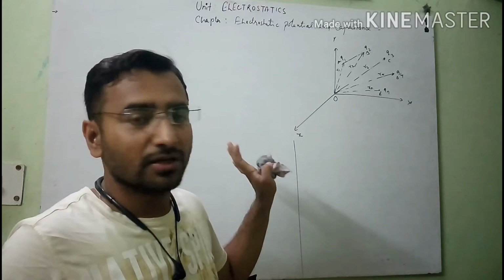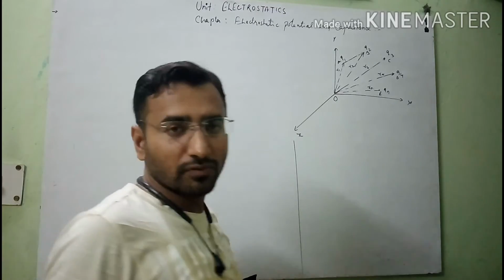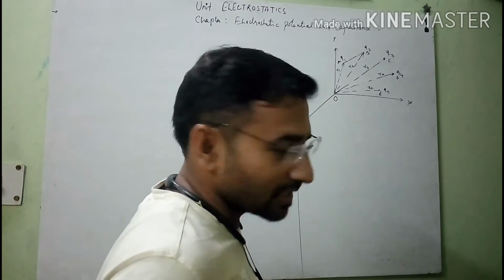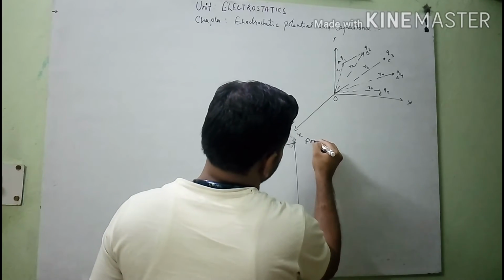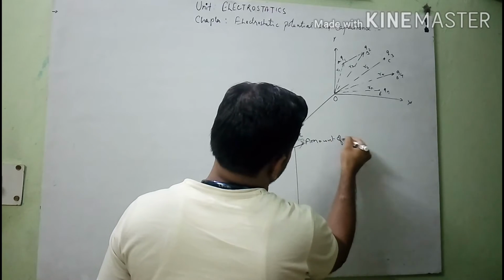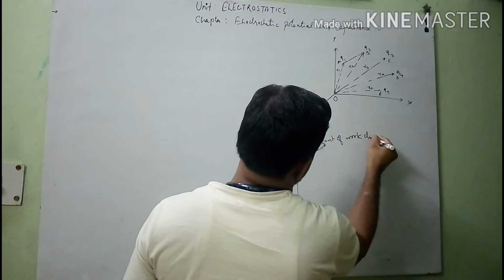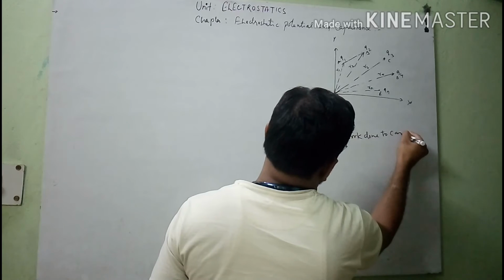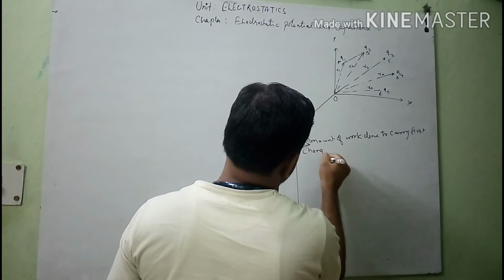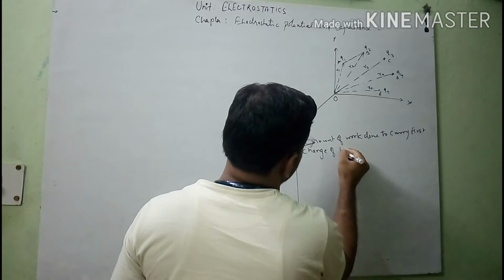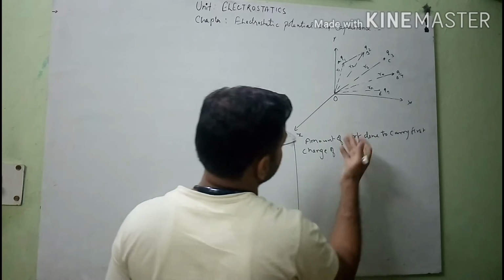Again we consider all the charges to be at infinity. So when we carry the first charge, the amount of work done will be 0. So I will start my calculation. Here I will write the amount of work done to carry the first charge of the system. I will consider the first charge of the system as Q1.